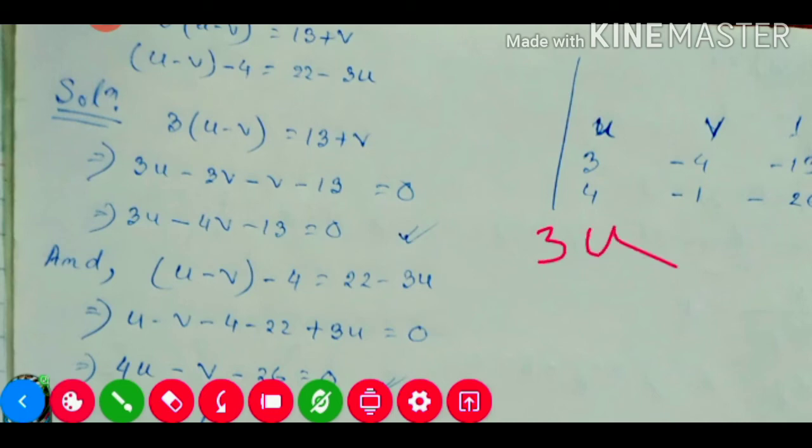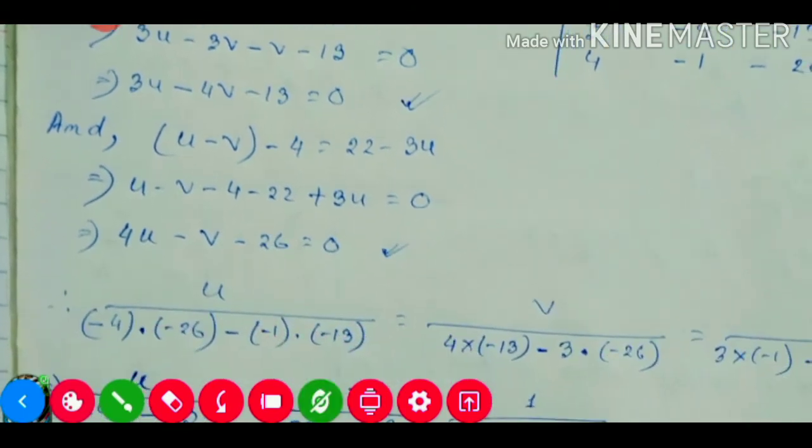So 3u we are shifting to the left hand side, so it will be plus 3u. Now we'll see which like terms are there. Here the like term is u, this one also u, both are positive, so 3 plus 1 will be 4. b only 1, so same will remain, minus b. And these constants, both are minus, so it will be minus 26. 22 plus 4 will be 26.